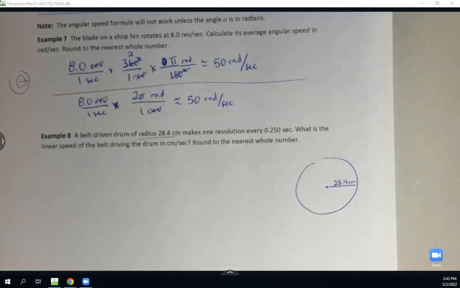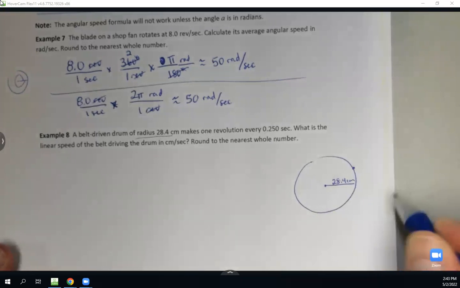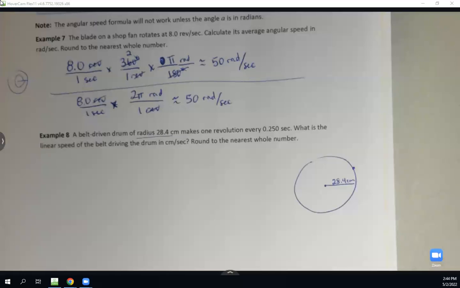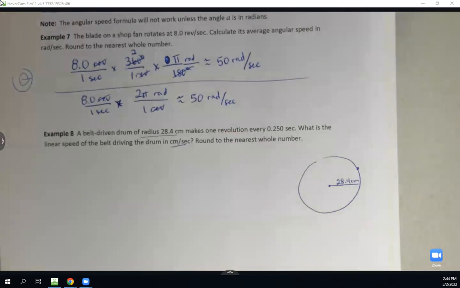So our question is, what's the linear speed? If you were sitting here on the edge of this drum, how fast would you be spinning around? But we want it in centimeters per second, as opposed to revolutions per second. Does that make sense?